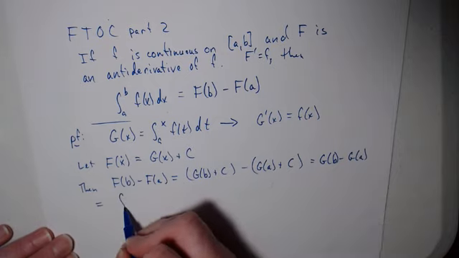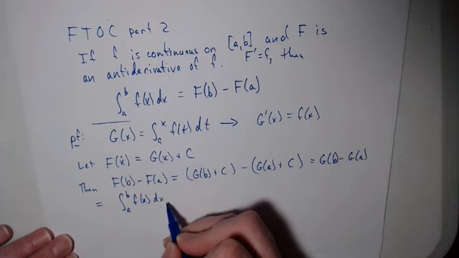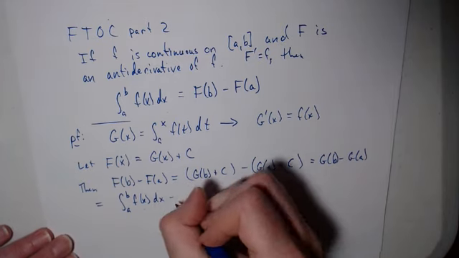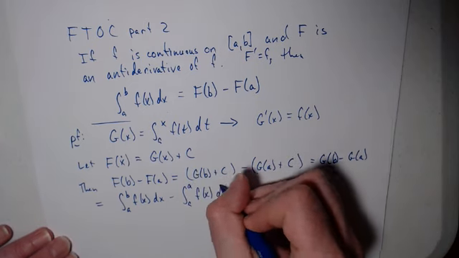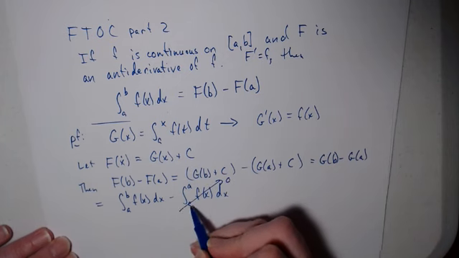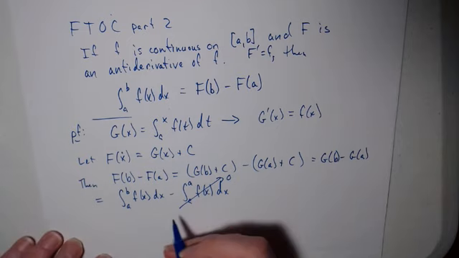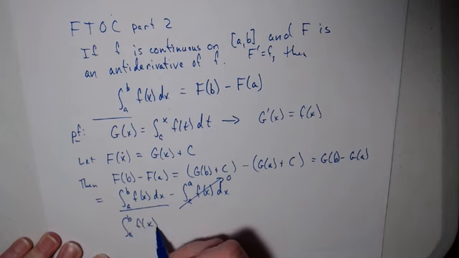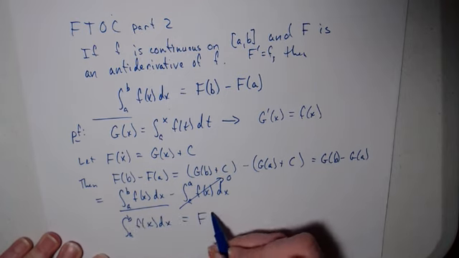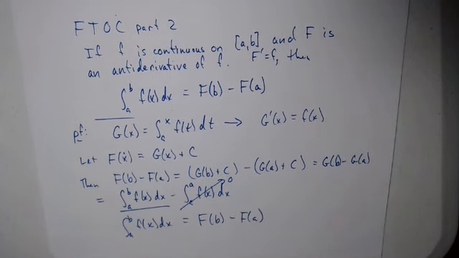G of b is the integral from a to b of f of x dx, and G of a is the integral from a to a of f of x dx. But that's 0 because we're integrating from a to a. So you see we have the integral from a to b of little f of x dx is equal to F of b minus F of a, where cap F is any antiderivative of lowercase f.